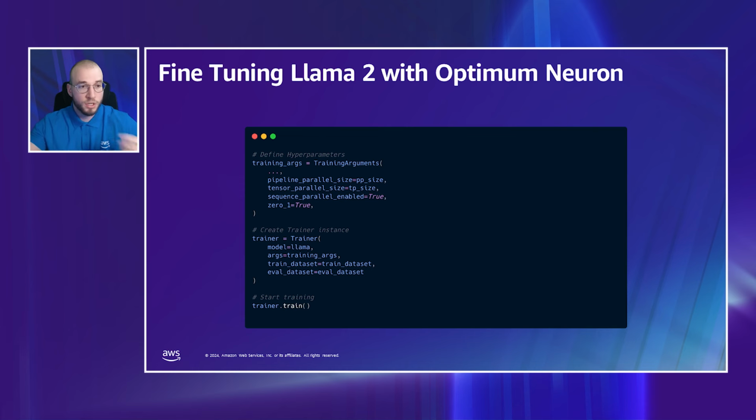And the whole script will then be executed by torchrun, providing the number of Neuron cores or Trainium devices we have available. And then the trainer will automatically distribute our model and data set to all different accelerators and run distributed training on our machine.